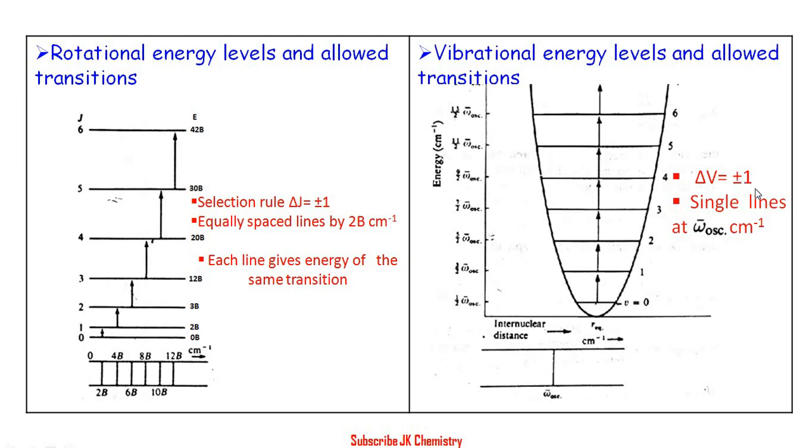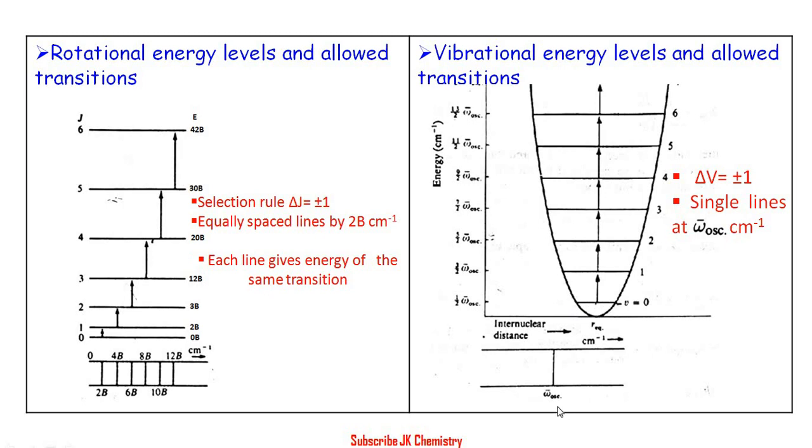According to the selection rule, you can have only transitions with a difference of one. The thing is that in this spectrum you can have only one band, that is, all the transitions have a difference of omega oscillation. 3 by 2 minus 1 by 2 omega oscillation bar gives you omega oscillation bar.